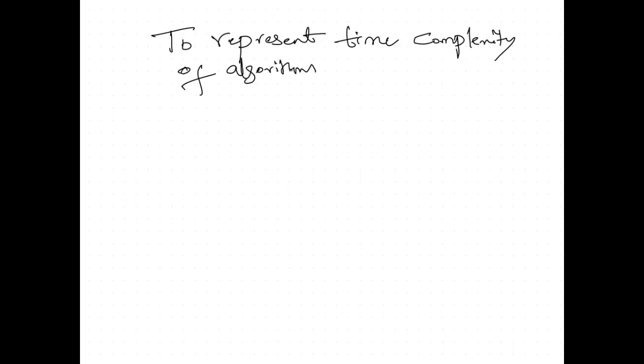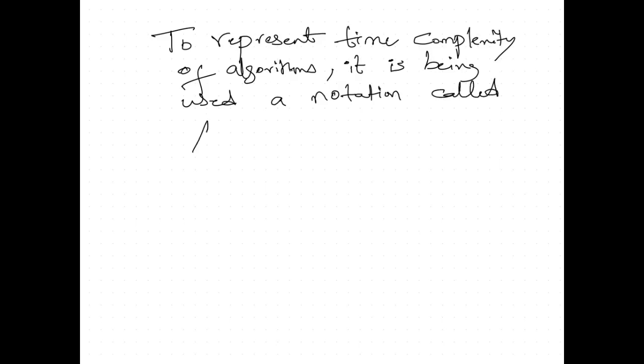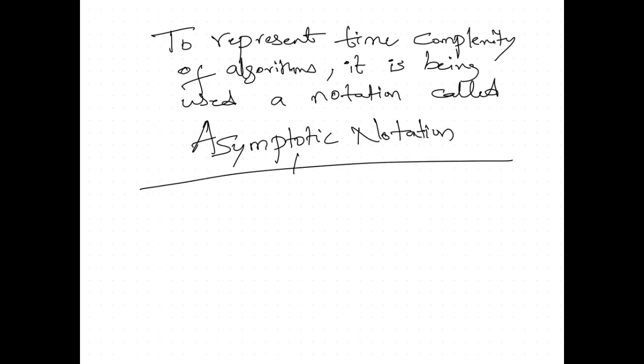To represent the time complexity of an algorithm, a notation called asymptotic notation is used, which is again classified into three.